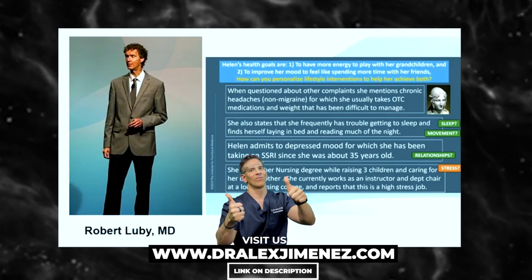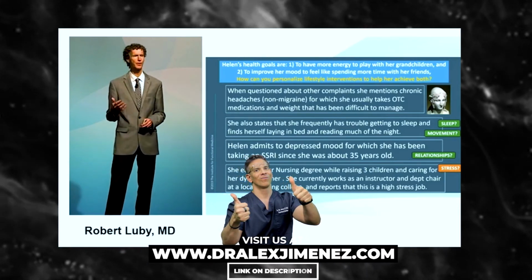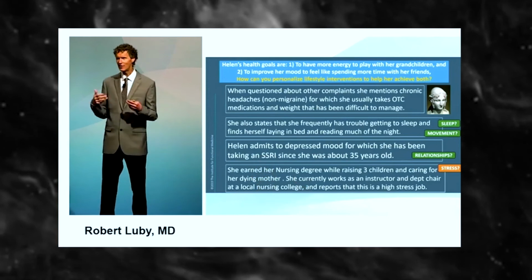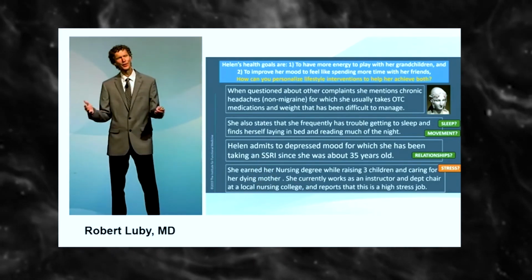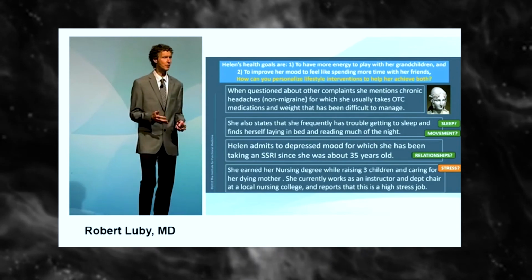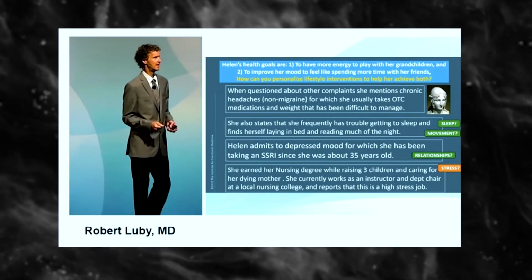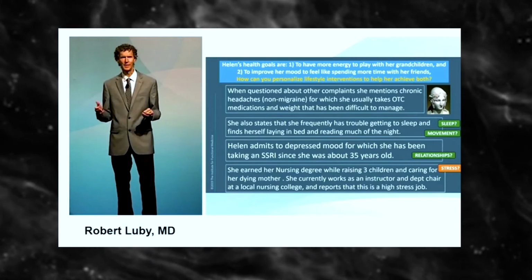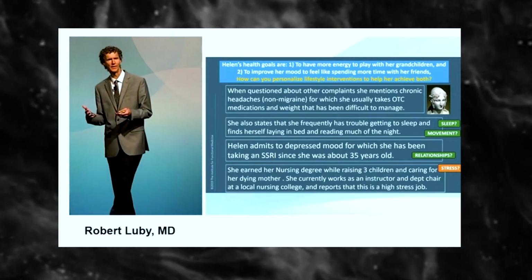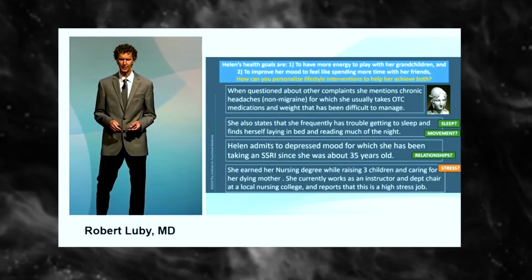She wants to have energy to play with her grandchildren. She values time with her friends. She wants to change her mood so she feels like going out with her friends. How can you use her friends and her grandchildren to improve her lifestyle and make some interventions there to change her behaviors? Use them. Use the patient's values and preferences to help them change their behaviors.